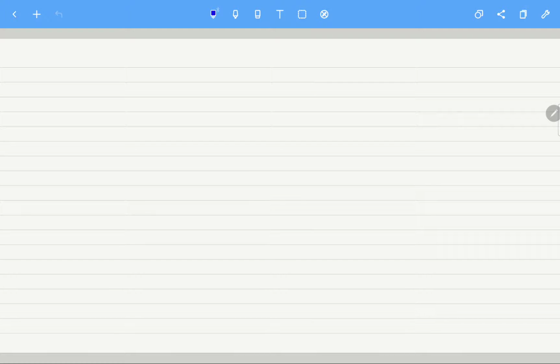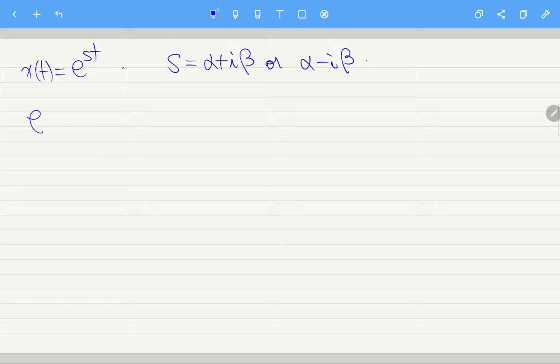So now we know that x of t is exponential to st, and now we know that s should be alpha plus i beta, or alpha minus i beta. So the function should be exponential to (alpha plus i beta) t, and it should be exponential to alpha t plus i beta t.